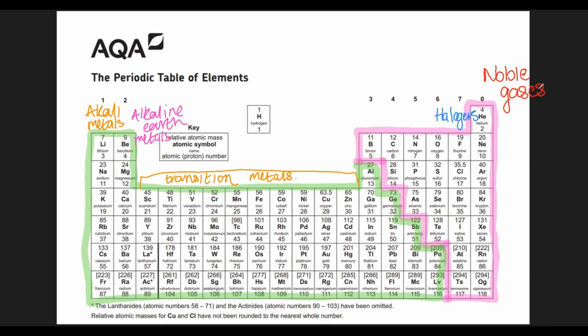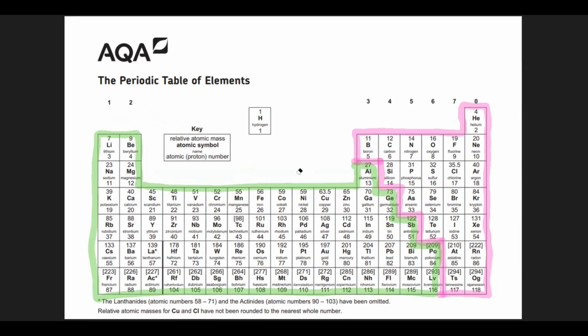Another thing you need to know is the way the reactivity changes as we move down the group for group 1, 2, 7, and 0. So for group 1, our alkali metals, as we move down the group, the reactivity increases. This is also true for our alkaline earth metals in group 2.